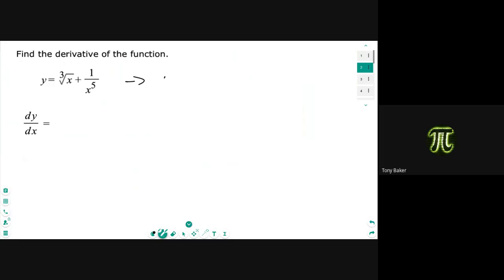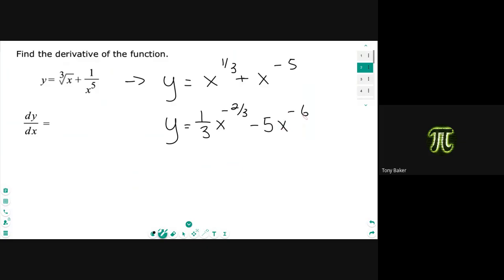So I'd rewrite this problem as x to the 1/3 power plus x to the negative fifth power. So now we get just the power rule. 1/3 x to the negative 2/3 minus 5 x to the negative 6th.